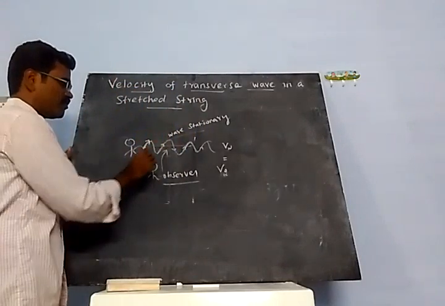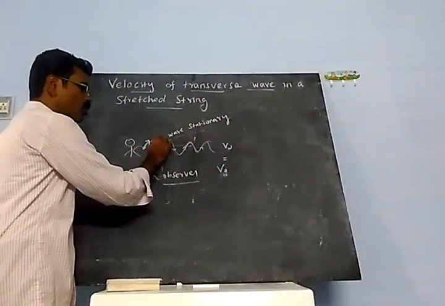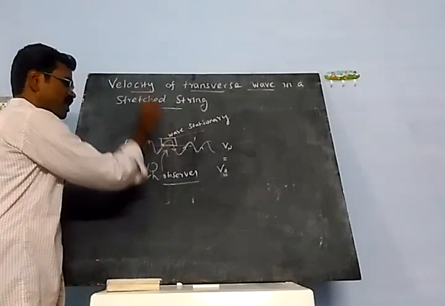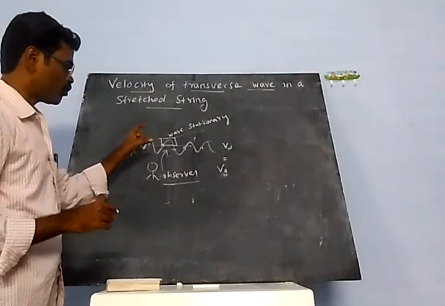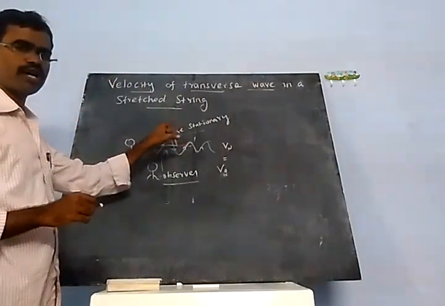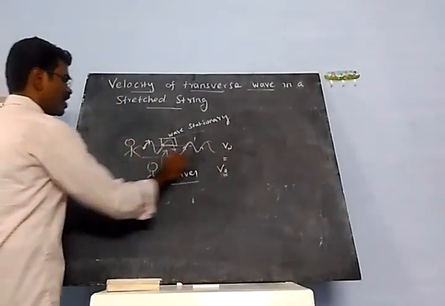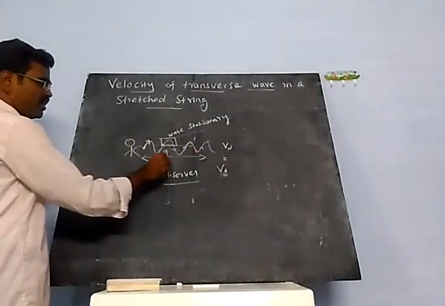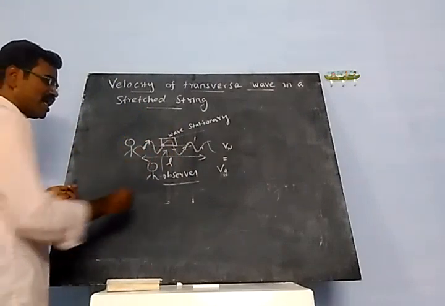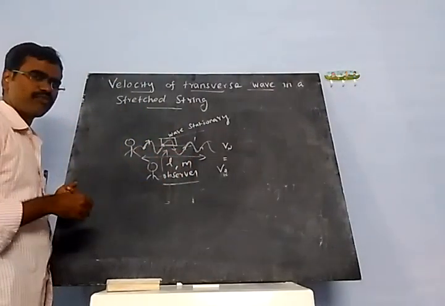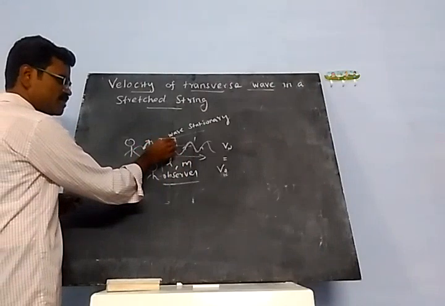So consider this wave. I am going to take one small part of this wave. The string length is L and mass is M. I am going to take one very small part.